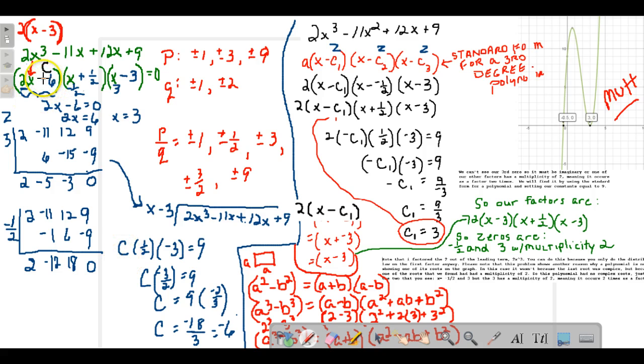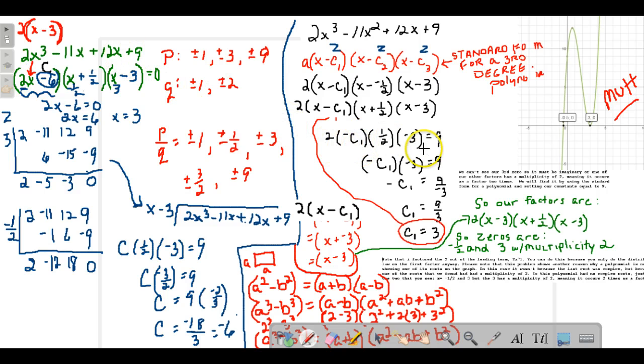We just figured, well, if we didn't know it was -6, it was just some constant c, and we used the 1/2, we used the -3. Because each of those multiplied would give us 9.